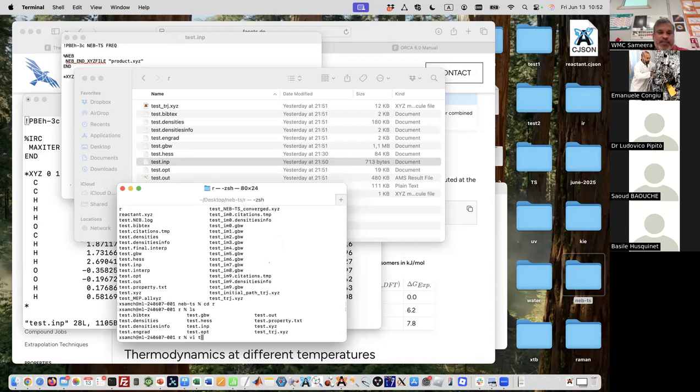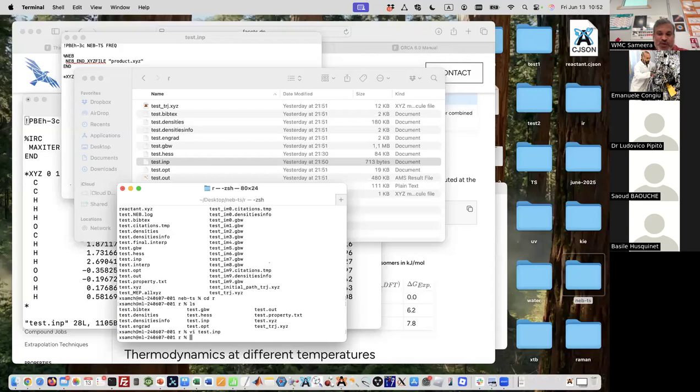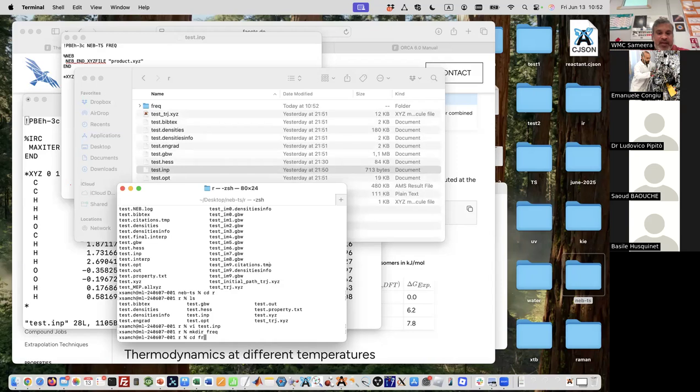I forgot to put the FREQ keyword here, so it didn't run the frequency. So I should do the frequency separately. It is going to be a quick calculation anyway.